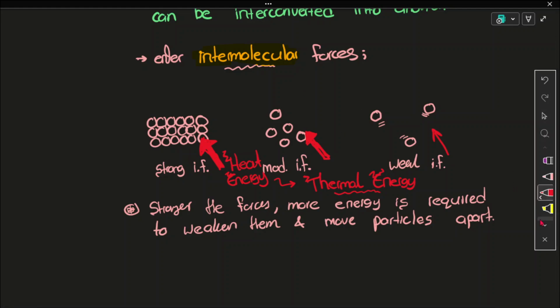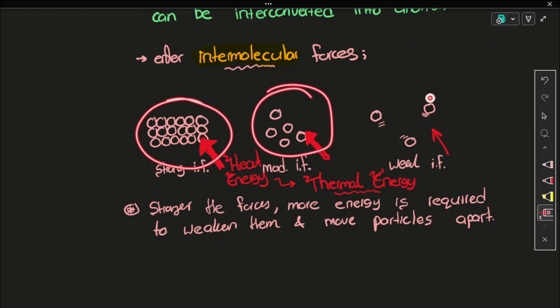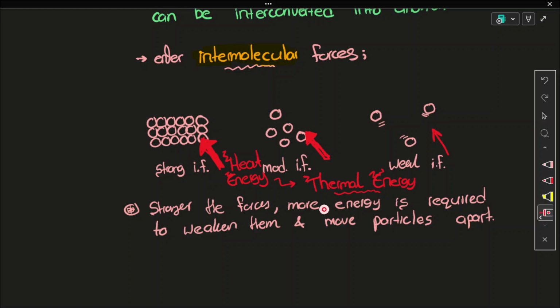So recap, we're talking about intermolecular forces. Solids have very strong intermolecular forces, liquids have moderate, and gases have the weakest. If you want to break a solid apart, you need to give it a lot of thermal energy.